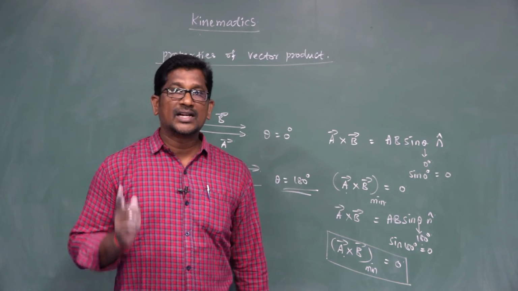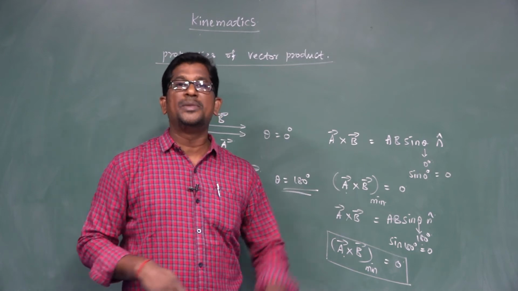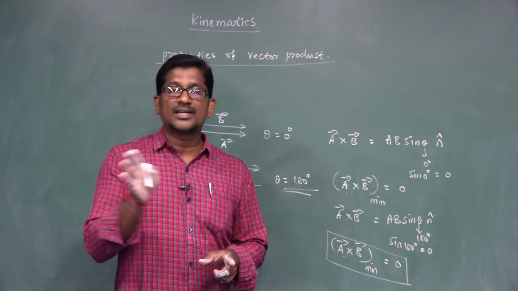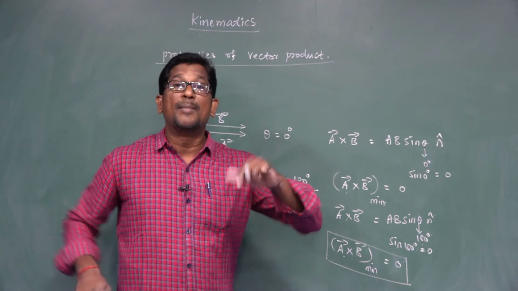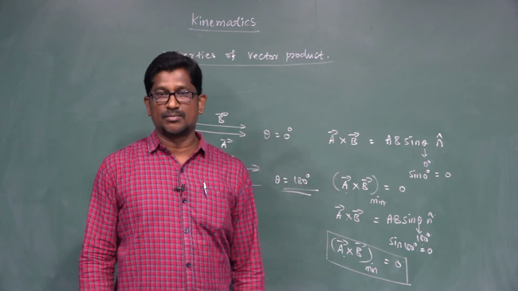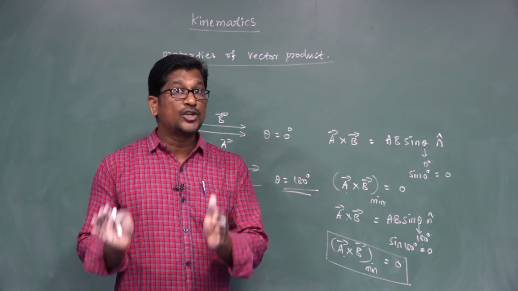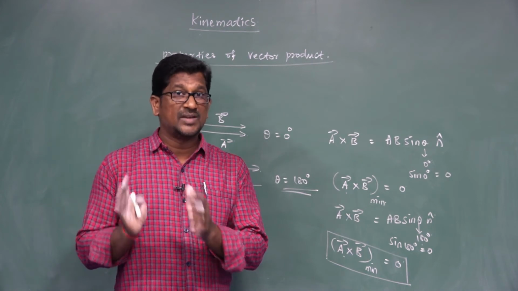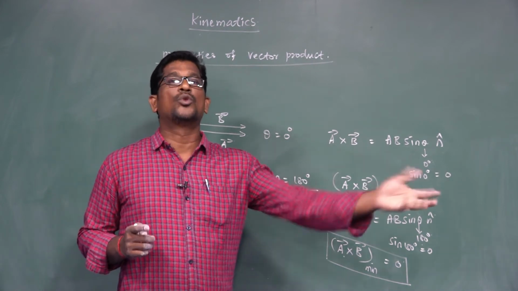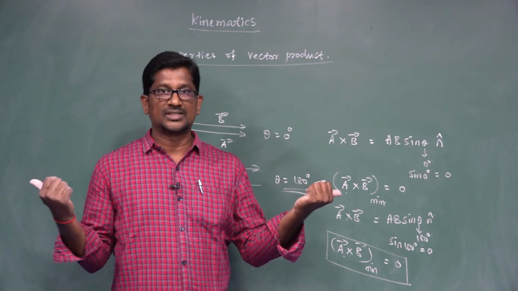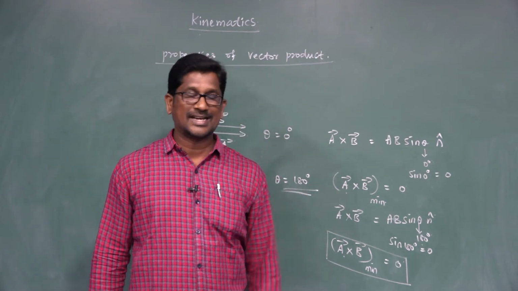It means A vector cross B vector is not equal to B vector cross A vector, but A vector cross B vector is equal to minus of B vector cross A vector. But one more thing, the magnitude of A vector cross B vector is equal to the magnitude of B vector cross A vector, but their directions are opposite. That is the second property.